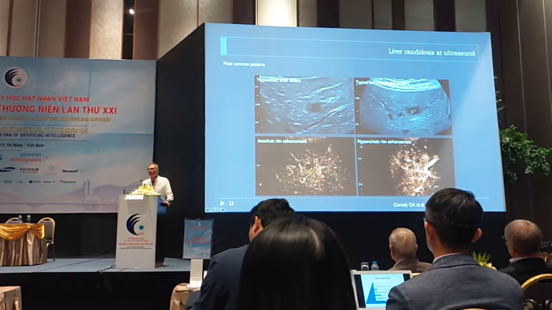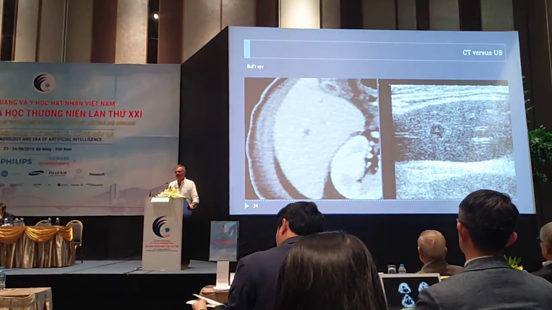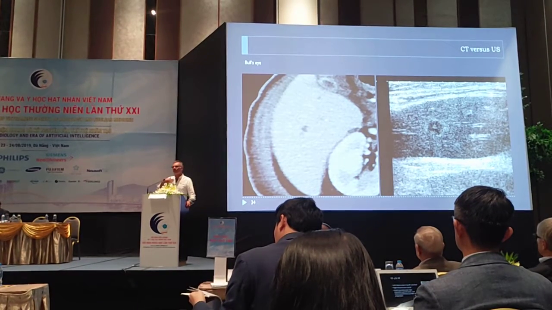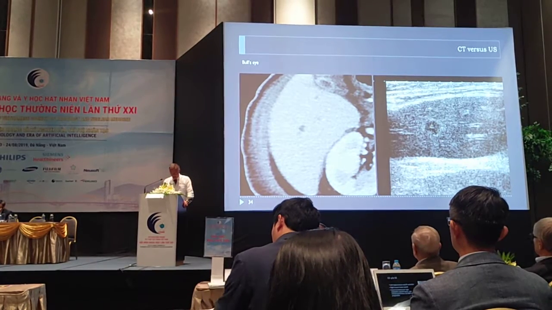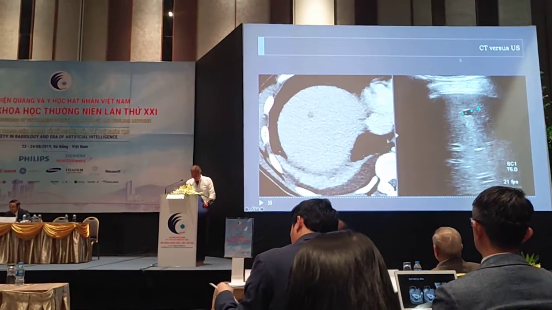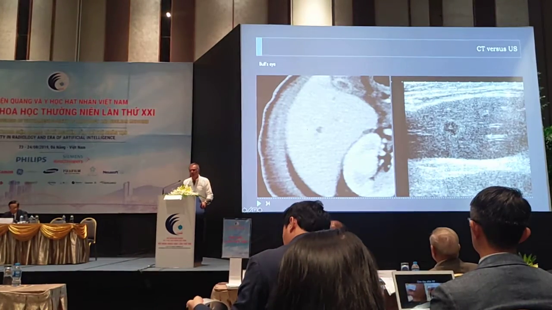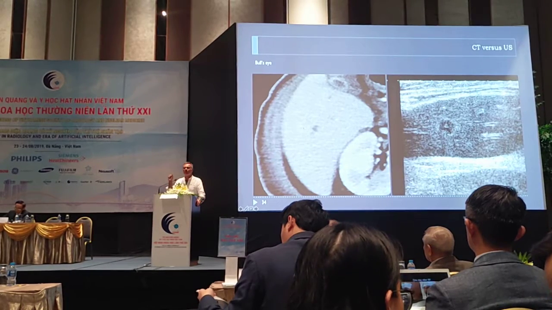Why is it strongly recommended to use ultrasound? For this reason: imagine one of your patients, you perform a CT for a fever of unknown origin, and you find small hypoattenuating nodules here. I would characterize this nodule as too small to characterize.